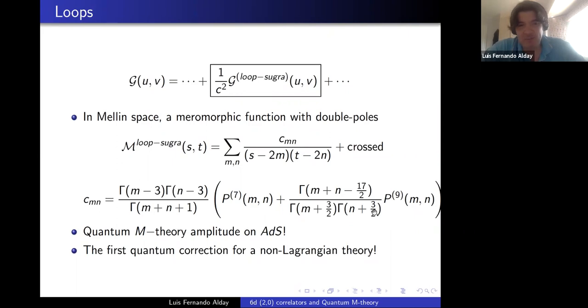The analytic form is like this. And this is an example, I think the first one, of a quantum M-theory amplitude on AdS. And it's, as far as we are aware, the first quantum correction for a non-Lagrangian theory. So this is the answer of the holographic 2, 2, 2, 2 correlator to order 1/C squared, or 1/n to the 6.